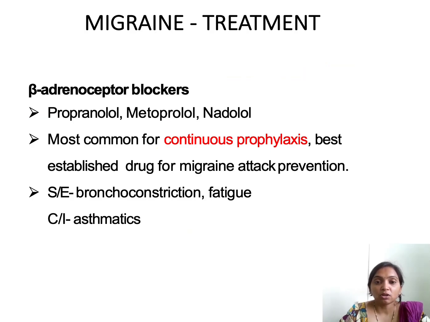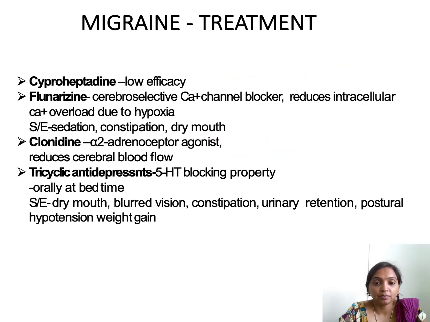Moving on to the beta blockers, they are propranolol, metoprolol, and nadolol. They are mainly used for continuous prophylaxis of migraine attacks. Bronchoconstriction and fatigue are its side effects, and it is contraindicated in asthma. Cyproheptadine is a low efficacy anti-migraine drug.